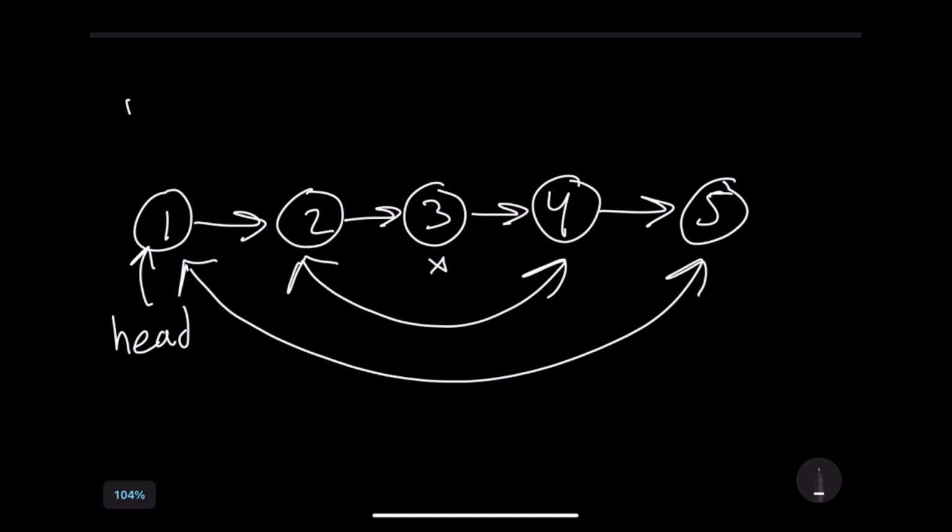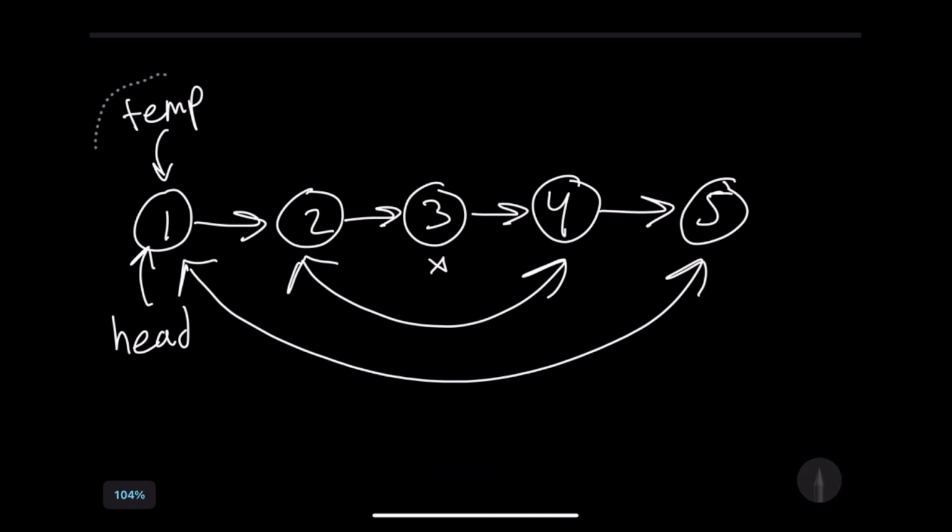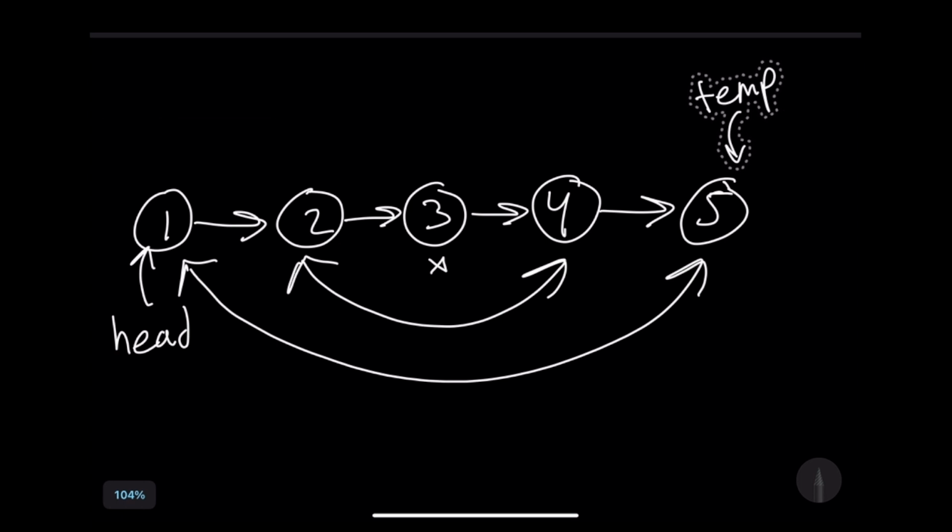So basically, I could call something like temp, which is a node. It originally points to head. I send it all the way down. So I take temp and I send it all the way down to the end. And then once it gets there, I swap the 1 and the 5.